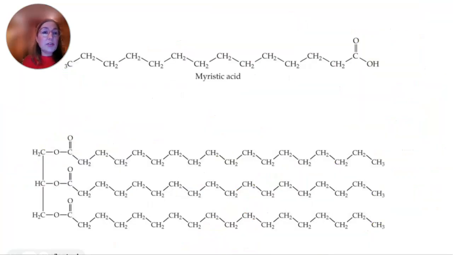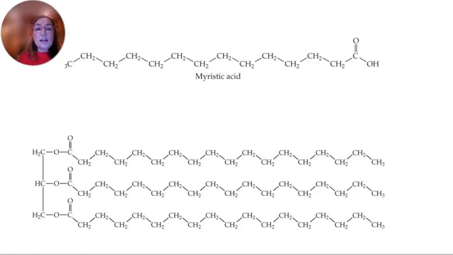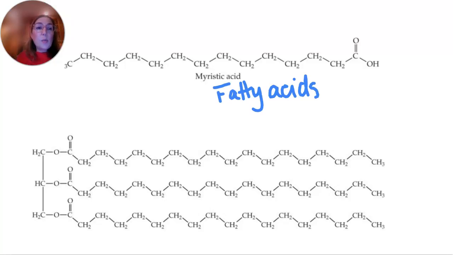Okay, a little more introduction to these fats. We have myristic acid here. So this would be an example of just a fatty acid chain. Now, we can't consume plain old fatty acids in our diet, but they do make up the long chains of triglycerides, so we need to know about them.